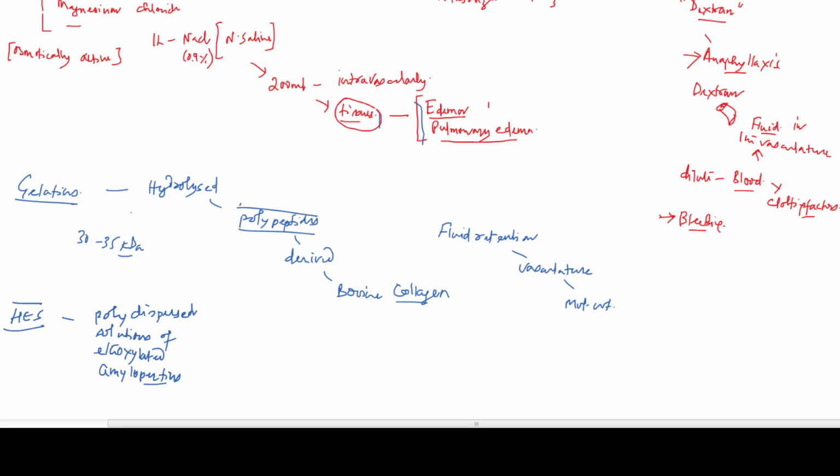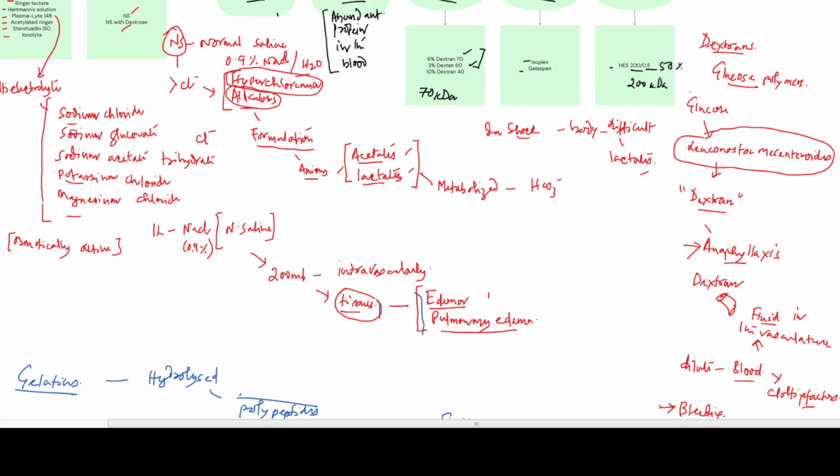This hydroxyethyl starch is available as 3%, 6%, and 10%, and they have got the strongest effect of increasing the intravascular volume.